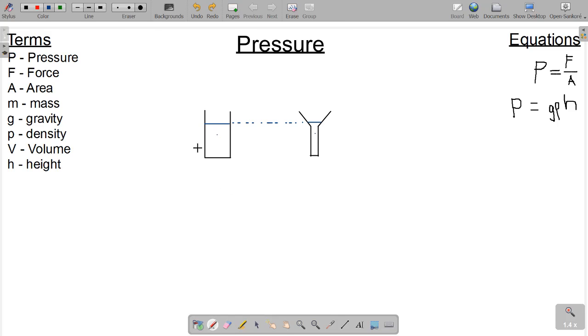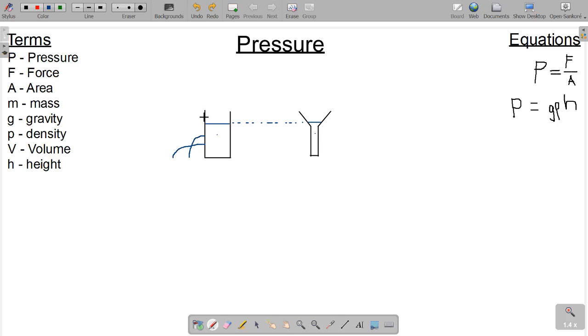So let's say at this point you poke a hole, the water will squirt out, let's say, this distance away from the container. If you poke a hole here, it'll squirt out further because the pressure at this point is greater, because P equals h rho g.